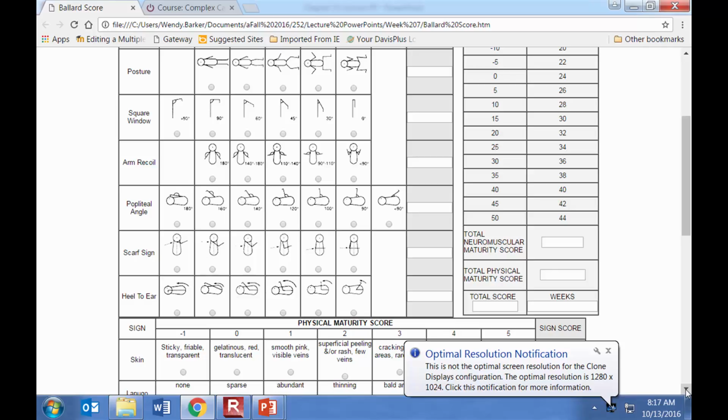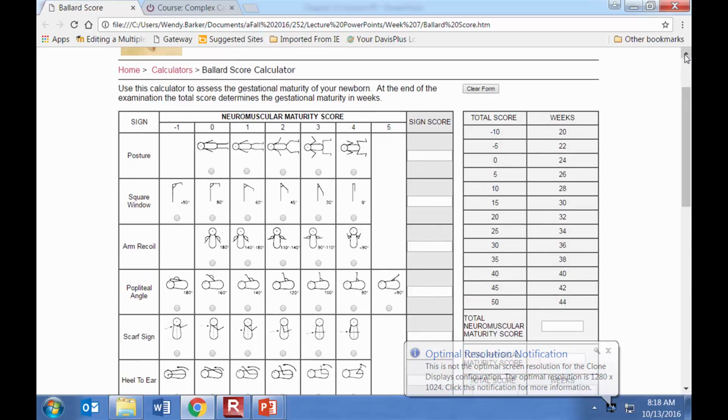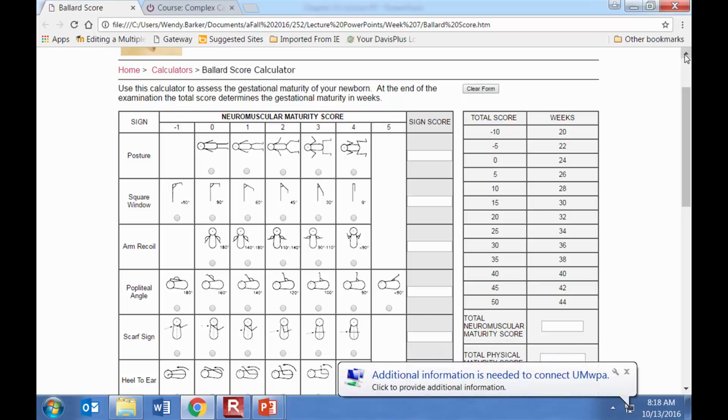Here is the scarf sign. Where is your baby's elbow? Here's the heel to ear. You can see the baby's legs are out to the side, and we're trying to see how far we can get the heel or toes to the chin, okay? So you mark your circles. Then each column has a designated score across the top, okay?